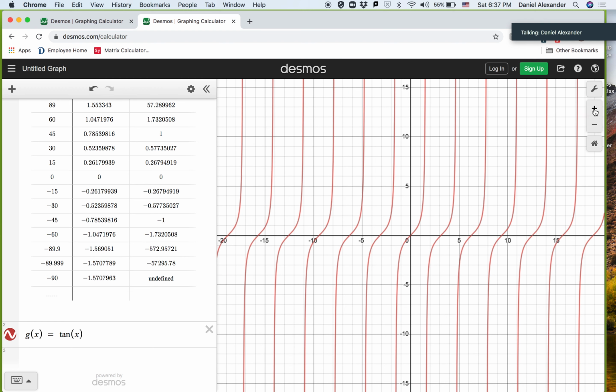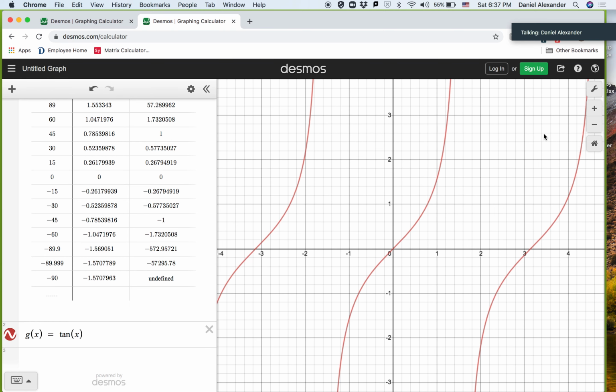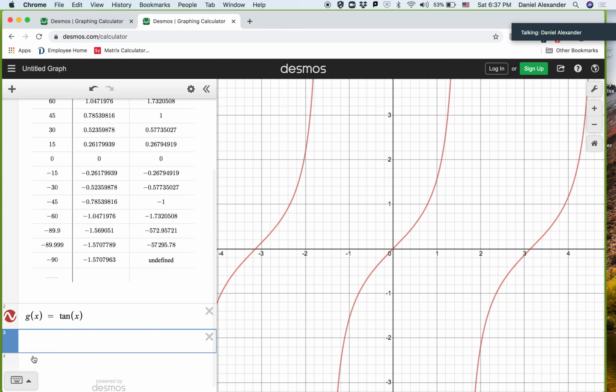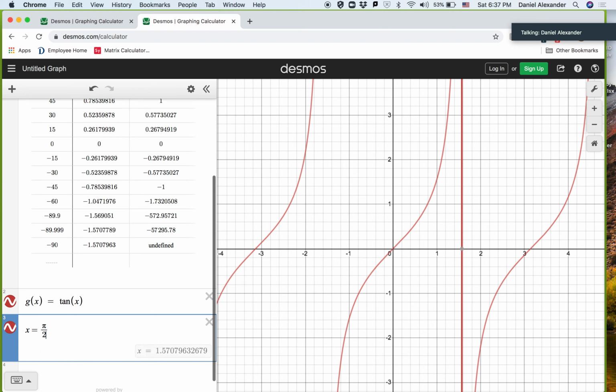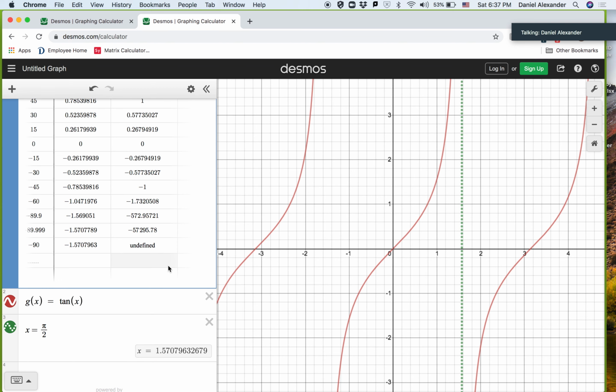Okay. And notice how the repeating cycle is. It's hard to see here, but if we put an asymptote at x equals pi over 2, and I'm going to make this a dotted line and change the color, you can see that this graph looks to approach the line x equals pi over 2.